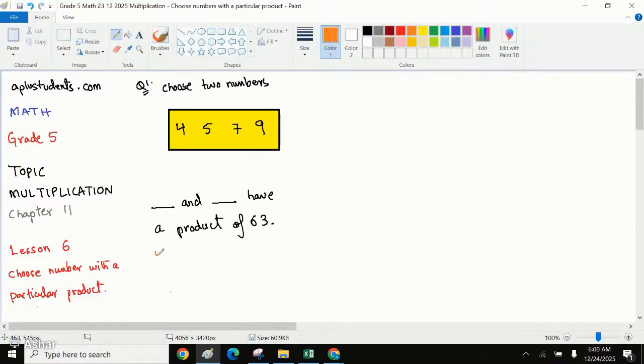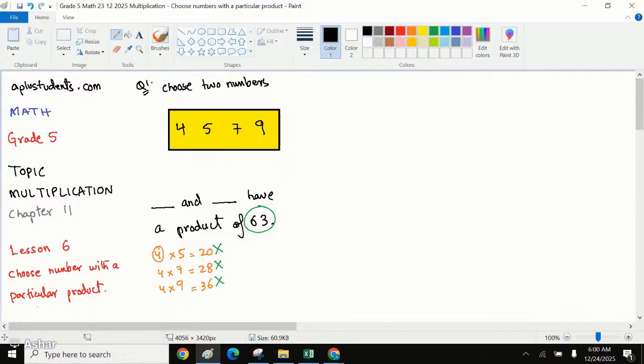Let's suppose 4 is the first number, multiplied by the remaining numbers. 4 multiplied by 5 would be 20, right? 4 multiplied by 7 was 28 and 4 multiplied by 9 was 36. So we cannot find the number, so we would ignore 4.